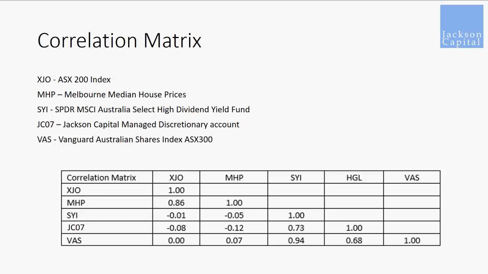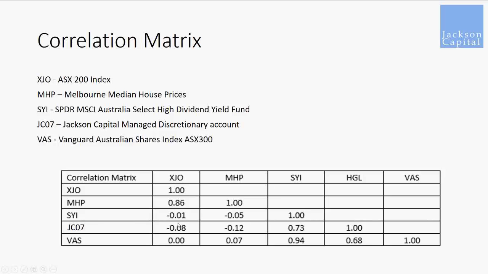So you can see here, XJO compared to the XJO, of course, they're correlated because we're talking about the same thing. But if we take the XJO and compare it to JC7, or SYI, or even VAS, they are uncorrelated because they're almost zero.